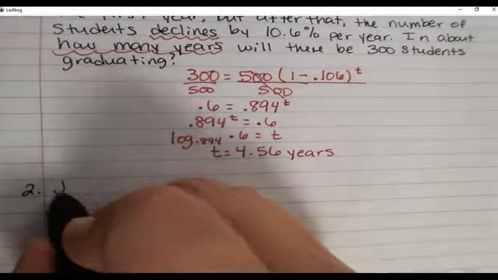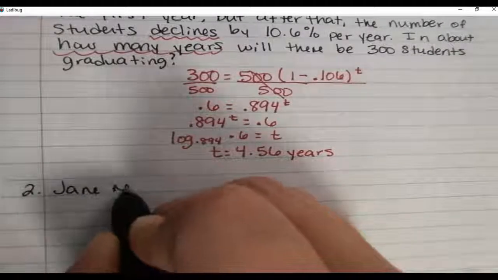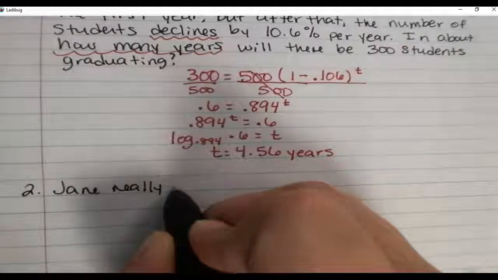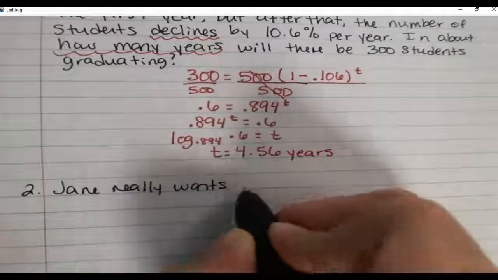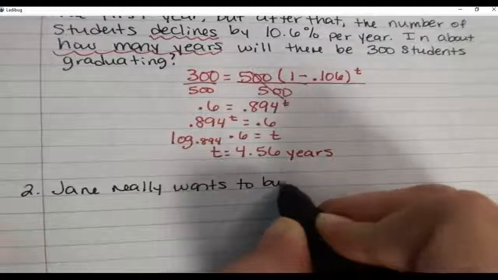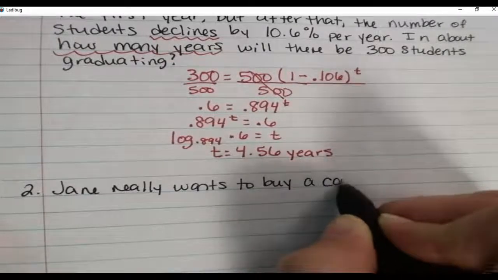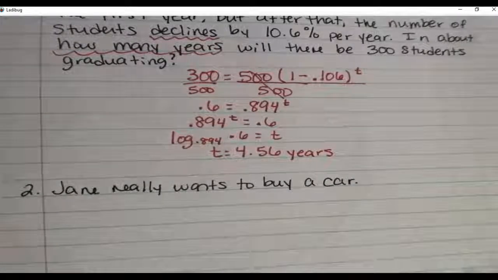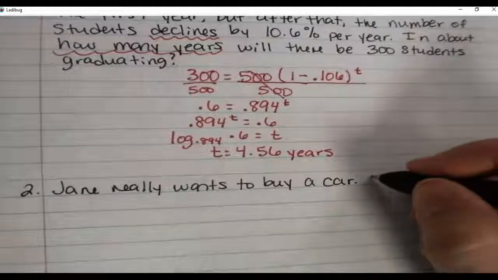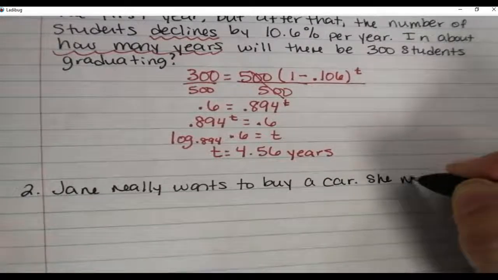So this one says Jane really wants to buy a car. She needs a down payment of $4,000.